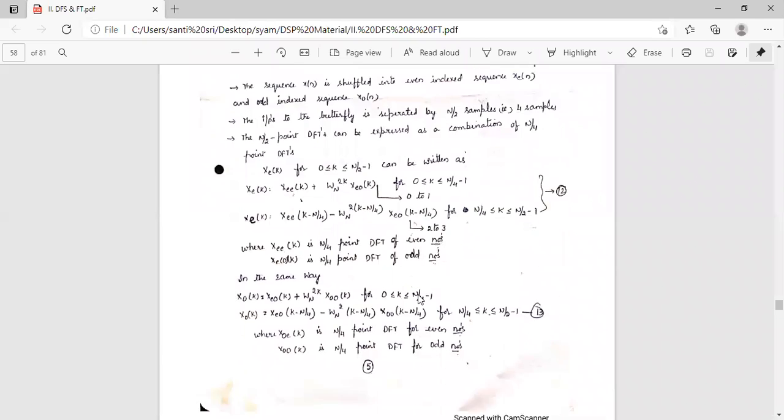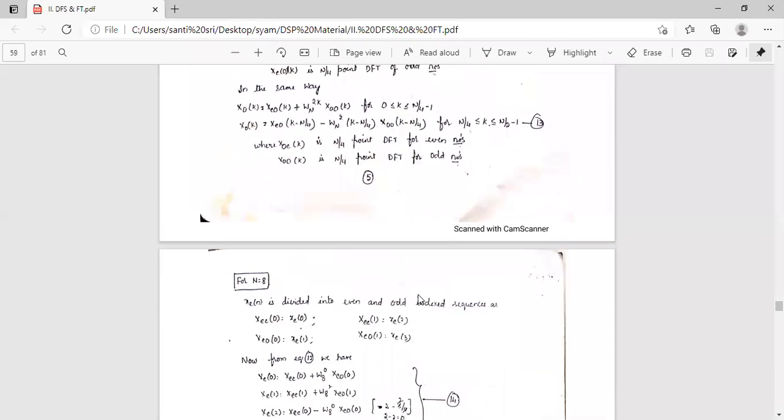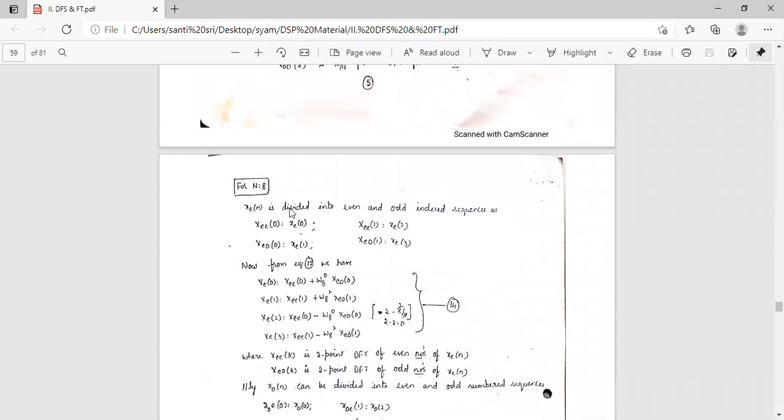Like this, it can be divided into even indexed sequence and odd indexed sequence. Okay, suppose we take n equal to 8. xe of n is divided into even and odd indexed sequences as xee of 0 is equal to xe of 0, xeo of 0 is xe of 1, xee of 1 is xe of 2, and xeo of 1 is xe of 3. So this is n by 4 indexed.